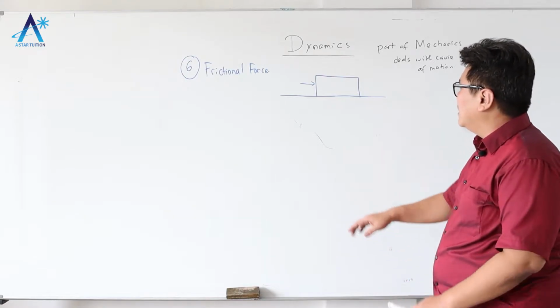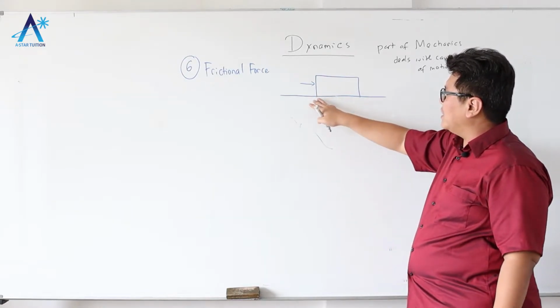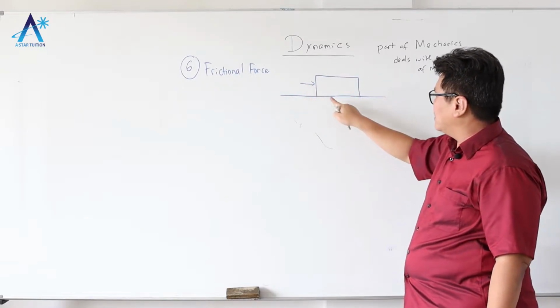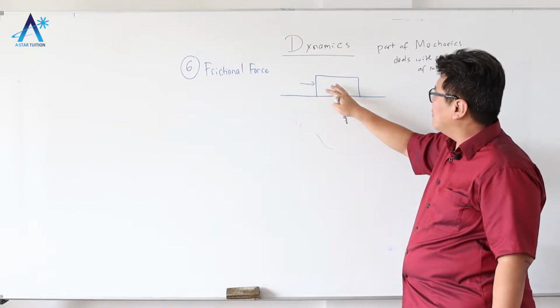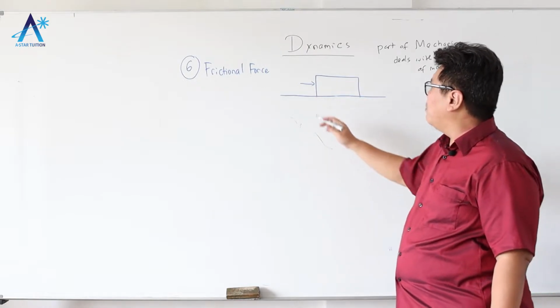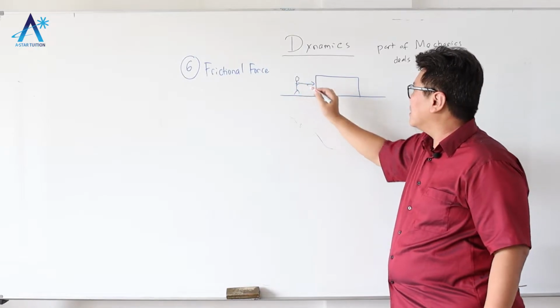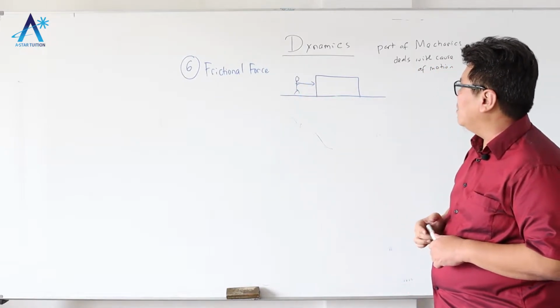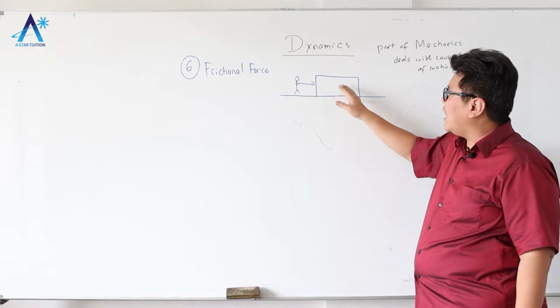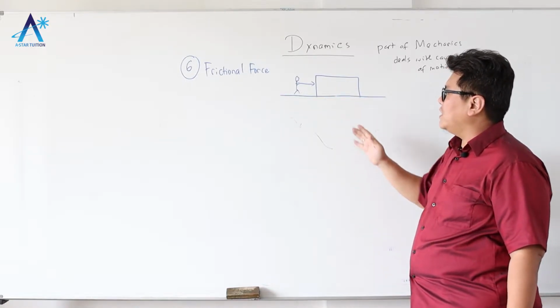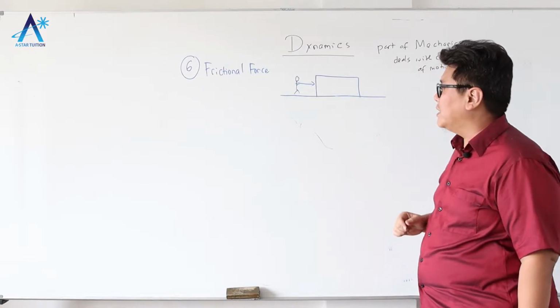So let's discuss. Here, as you can see, when an object of a certain mass is pushed, initially it will be tough for the object to move, even though a force is applied to the object, due to friction.